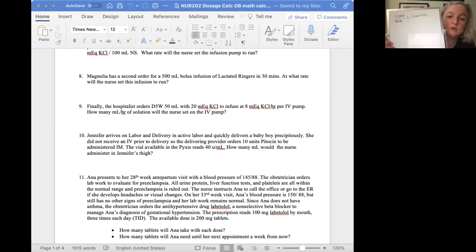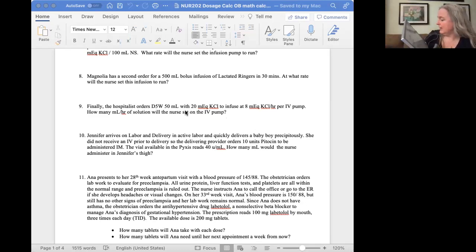So it says we would like to give 8 milliequivalents per hour. What we have in our bag is 20. The number of milliliters in our bag is 50. Okay.